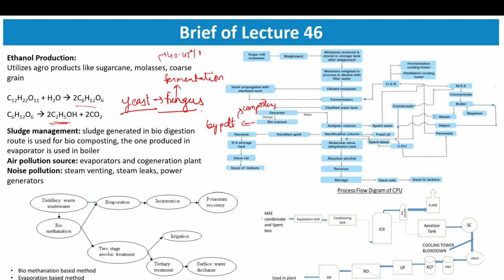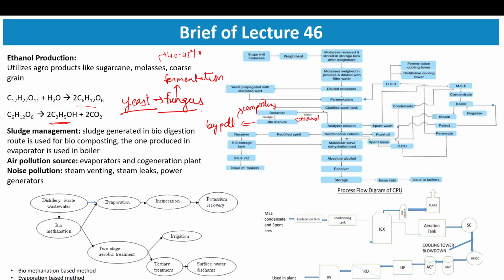Whatever supernatant is obtained after decantation contains our main product, which is ethanol. The top product is nothing but ethanol. It will not be only ethanol, but the topmost layer of the decanter contains our main product, ethanol.